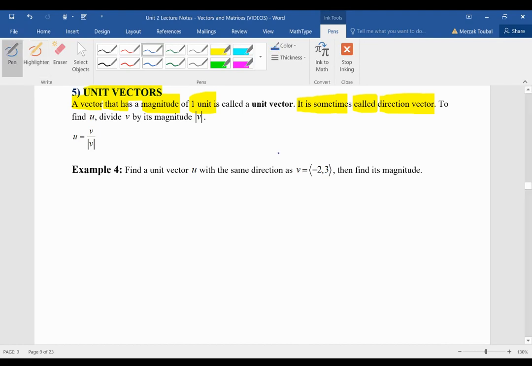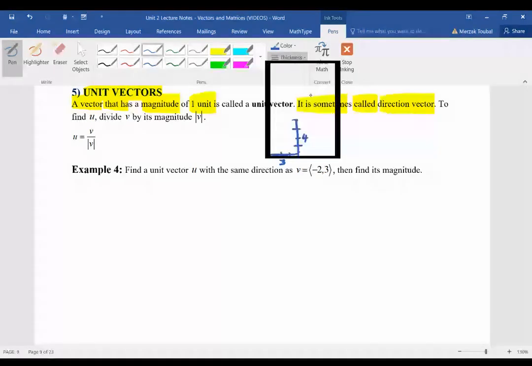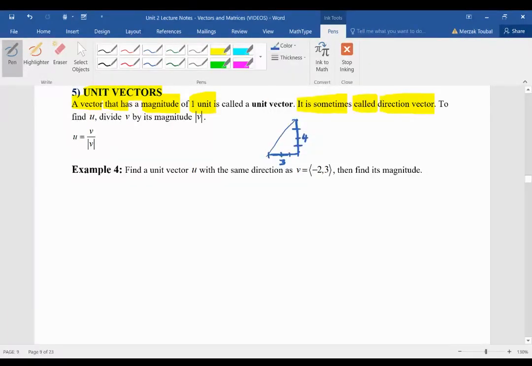Let's say, for instance, we have some vector v whose horizontal component is 3 units. So it's 1, 2, 3. So 3 units. And its vertical component is 4 units. 1, 2, 3, 4. And this is the horizontal. So 3, 4. And then here's the vector v.